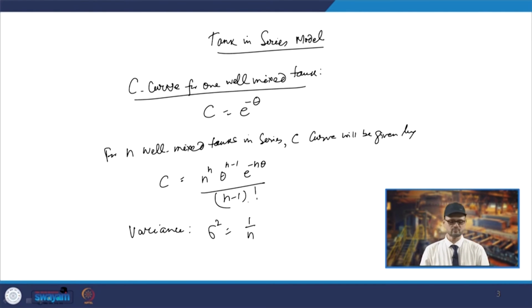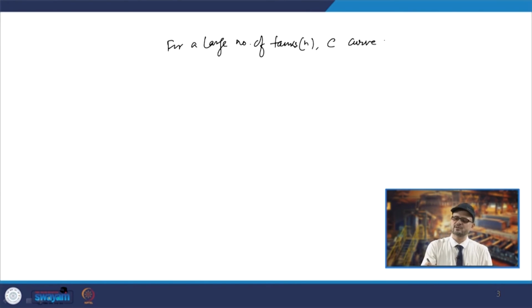So, it is found that for a large number of tanks, that is n, the C curves become increasingly symmetrical.